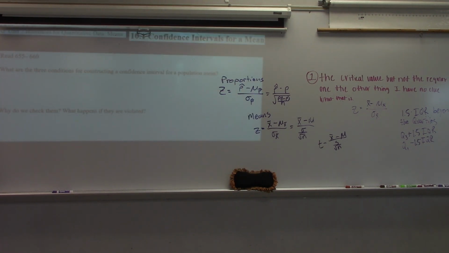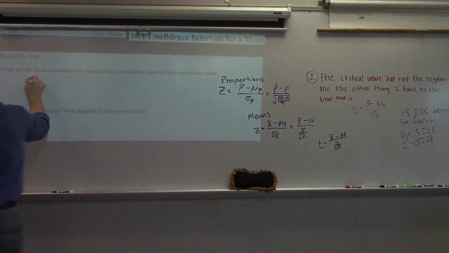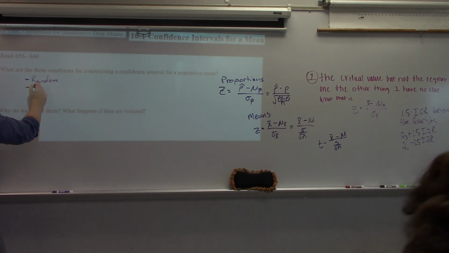Okay, so what are the 3 conditions for constructing a confidence interval? And by the way, all that stuff we talked about with the standardized test statistic applies for the confidence intervals as well. So what are the 3 conditions? I have random. What else? Independent, right? One subject cannot affect the next.